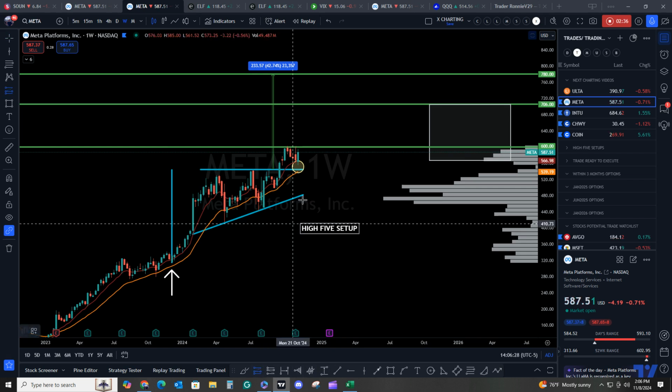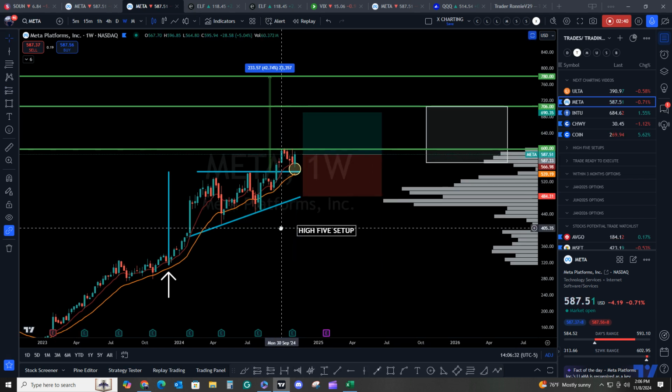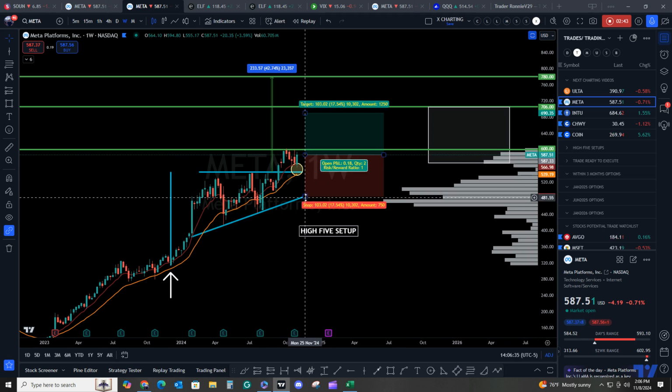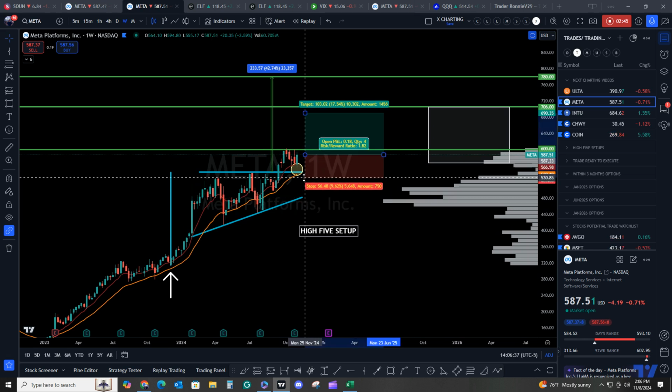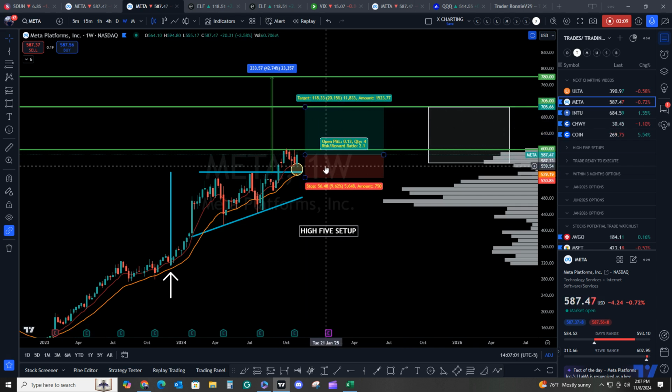The way I would play this name is probably getting 50% of my position in now, putting my stop loss below the 21 moving average, alongside below the resistance-turned-support of the ascending triangle, and putting my profit target for a 2-to-1 up to about 706, as we can see there.